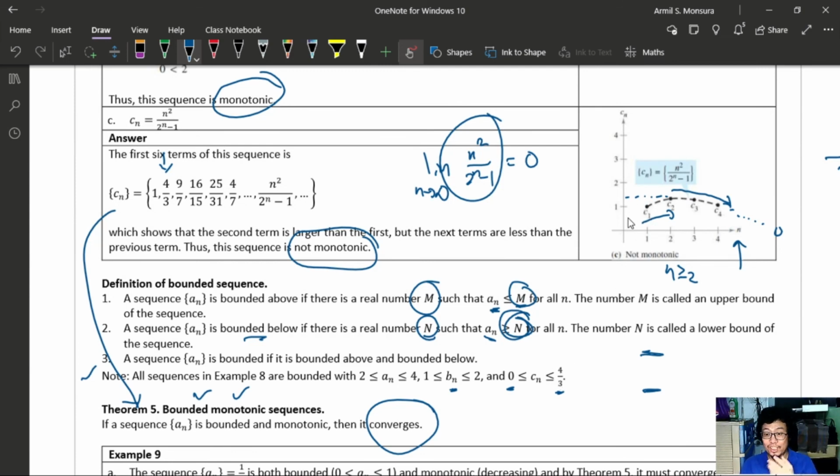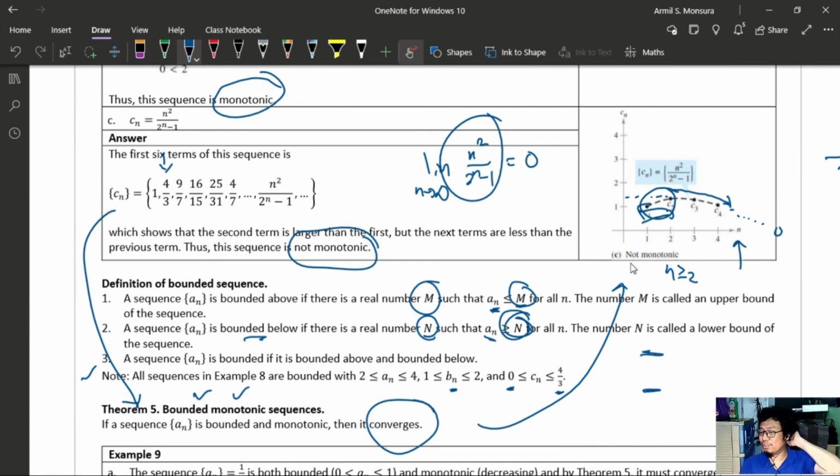Actually, this is what I've been telling you. This is not monotonic just for the first 2 terms. But it's actually generally monotonic for n greater than or equal to 2. And if you ignore this part, you can say that the sequence is monotonic. So you can still argue that this sequence should be convergent under theorem 5.